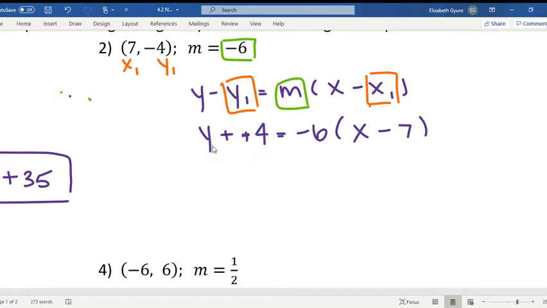So when we distribute, can we really do anything with the left-hand side yet? No, just bring it on down. Y plus 4 equals, and now let's distribute our -6. Yeah, -6x. And what's -6 times -7? 42.